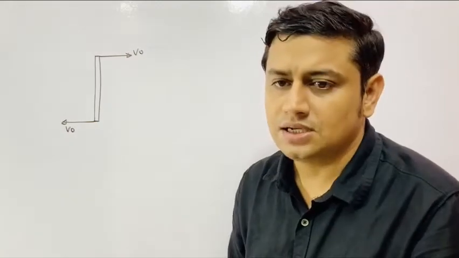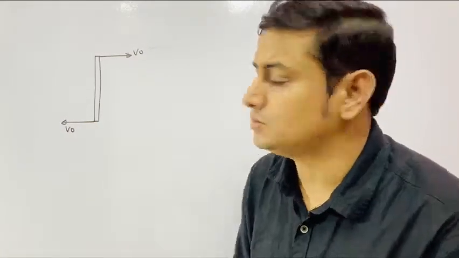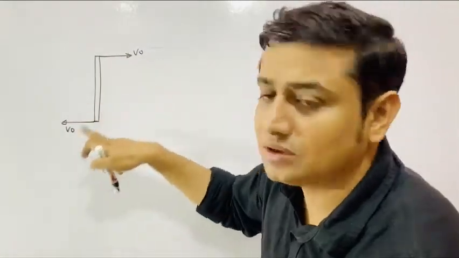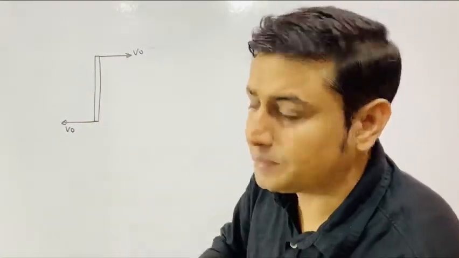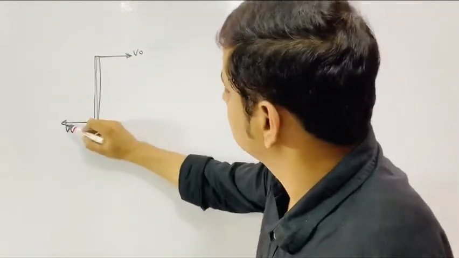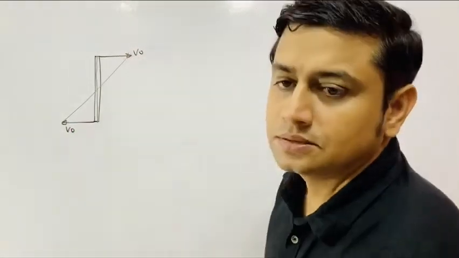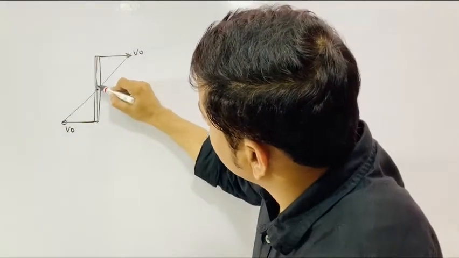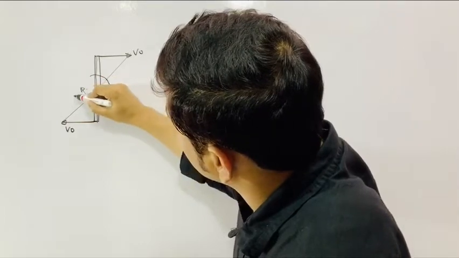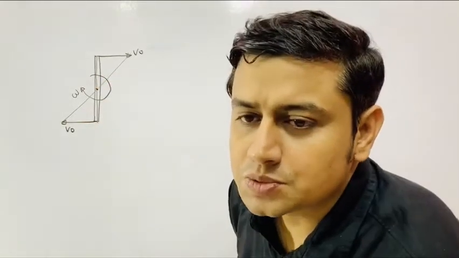About which point is it purely rotational motion? In our first case, we have taken two velocities which are parallel or anti-parallel and known. So join their tails, join their heads. They meet here, and this is the instantaneous axis. About this point, it is purely rotational motion.